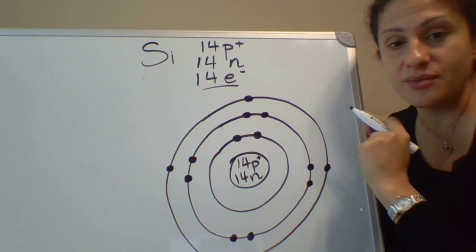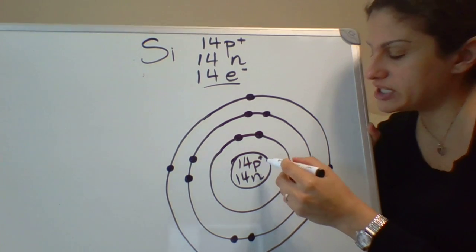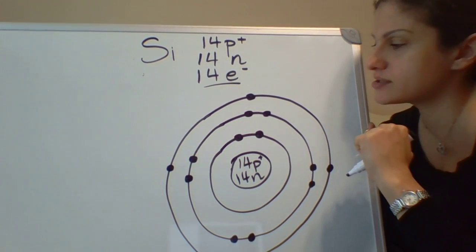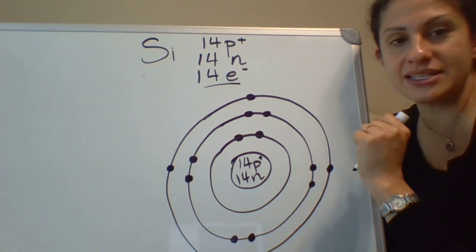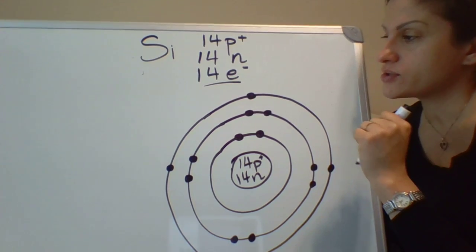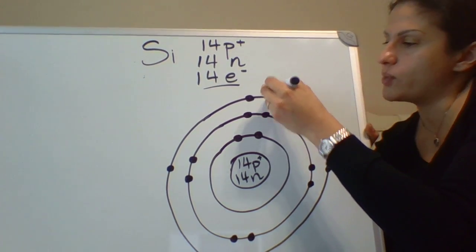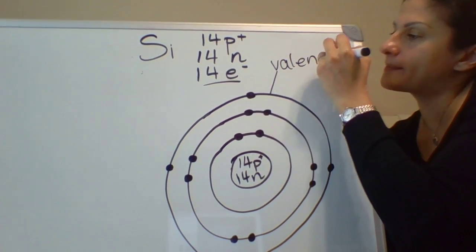So this is the Bohr-Rutherford diagram for silicon. We have our 14 protons, our 14 neutrons. We have 2 electrons in the first shell, 8 electrons in the second shell, and 4 in the third. So, as a reminder, we call the third shell now the valence shell.